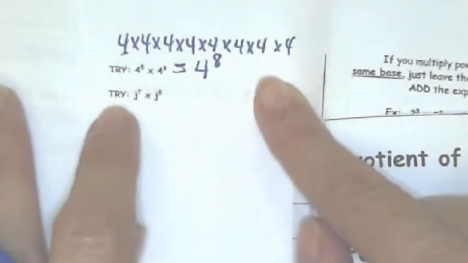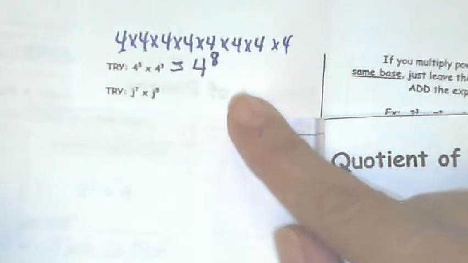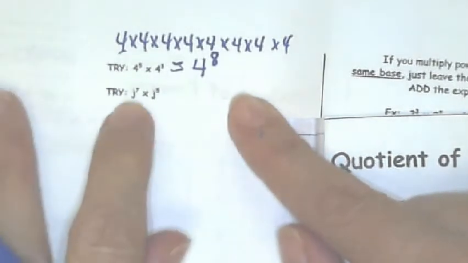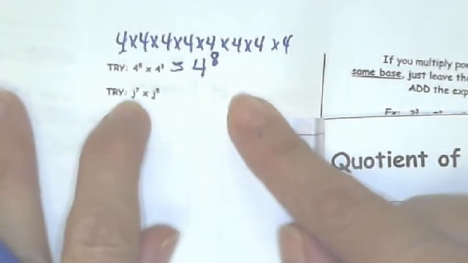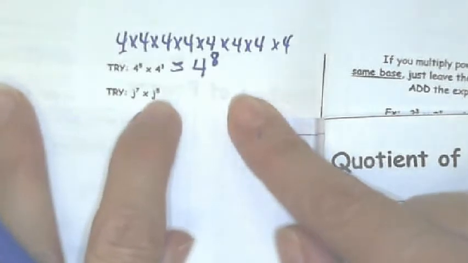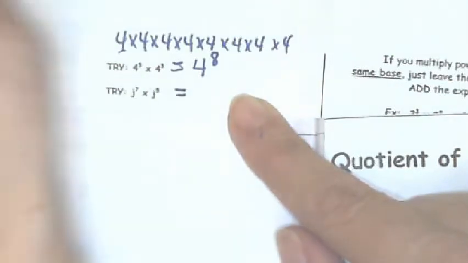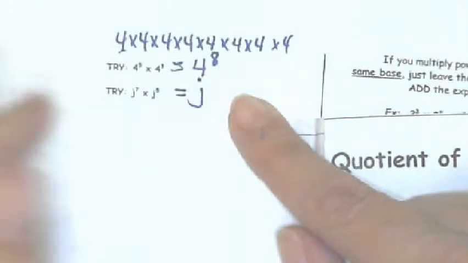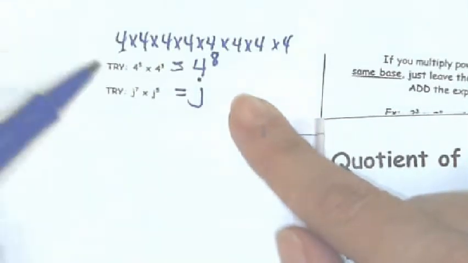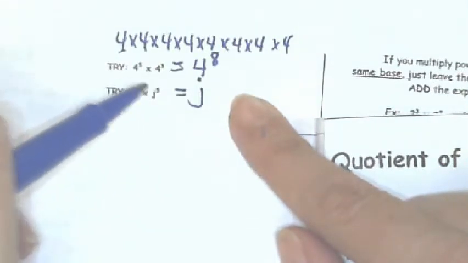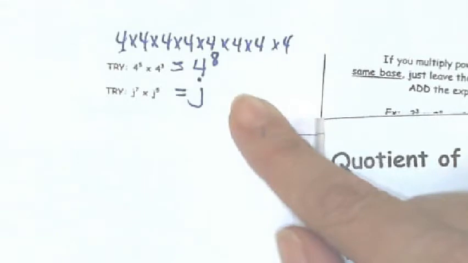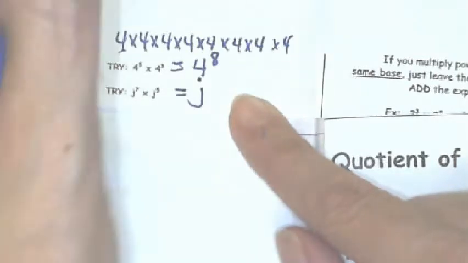Same with this one. How many j's do I have here? I've got 7 j's here, and I've got 5 here, so all I have to do is say, same base, j, and add my exponents. I write the base, j, and I have 7 j's over here and 5 j's over here, so altogether I have 12 j's.